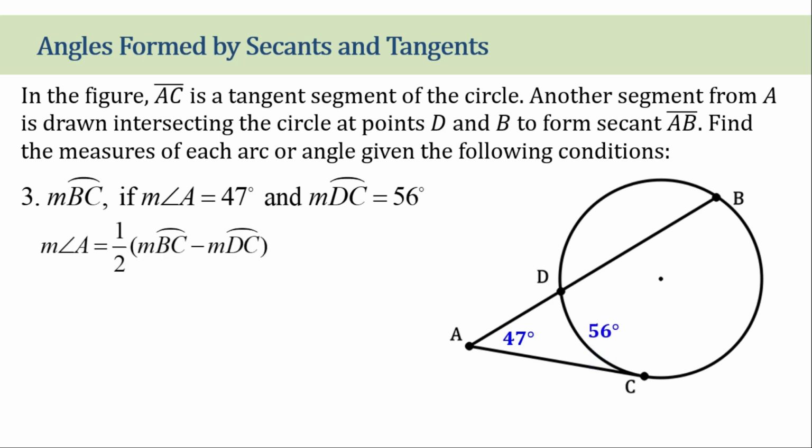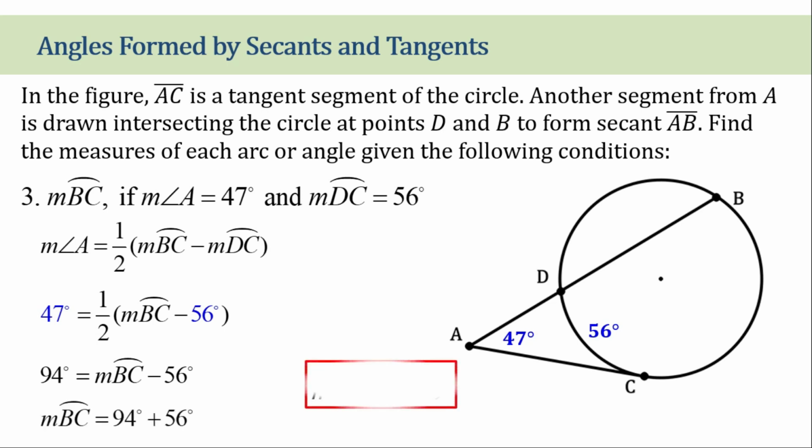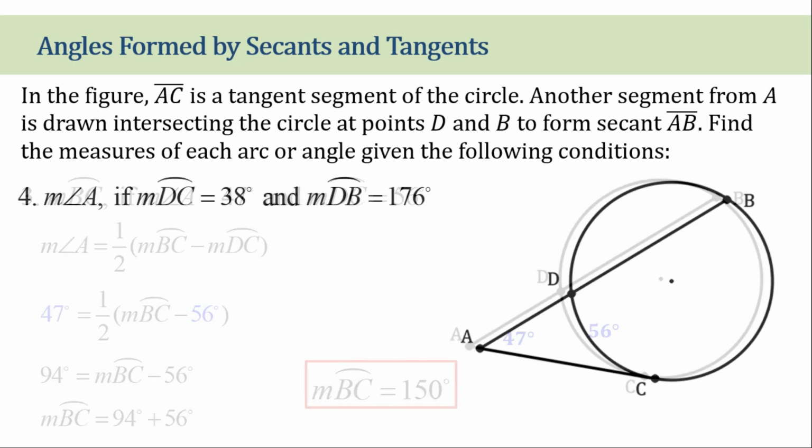So again, let's use the formula and substitute the values that we have. Multiply 2 on both sides. Then add 56 on both sides. And that gives us 150 for the measurement of arc BC.